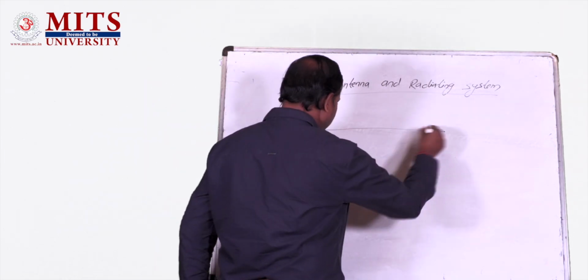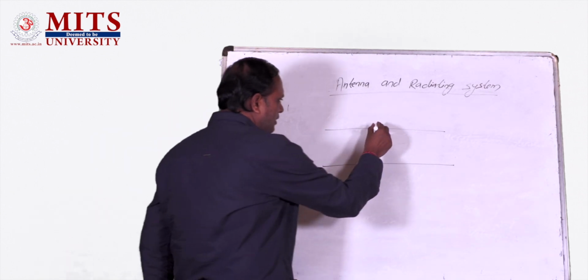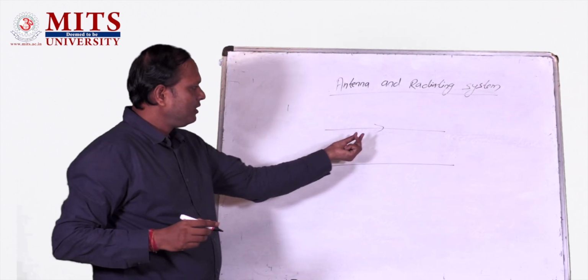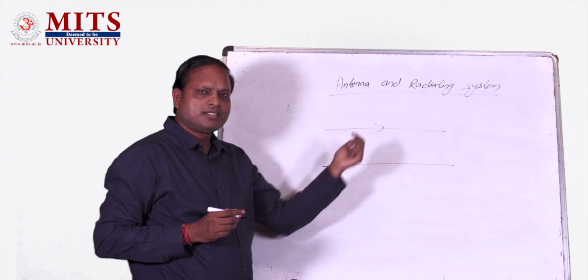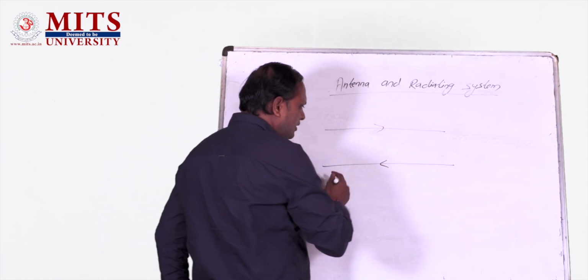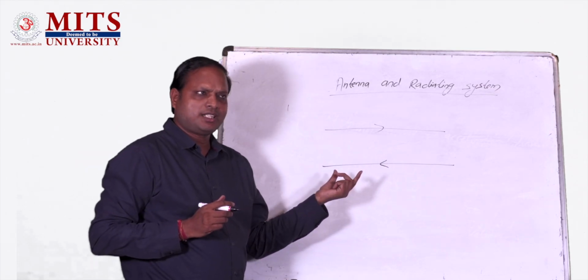So this is a section of the transmission line where this conductor will produce the field due to current flowing in this direction. However, this conductor will produce a field due to current flowing in the opposite direction.